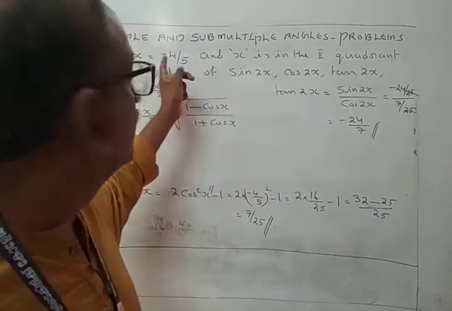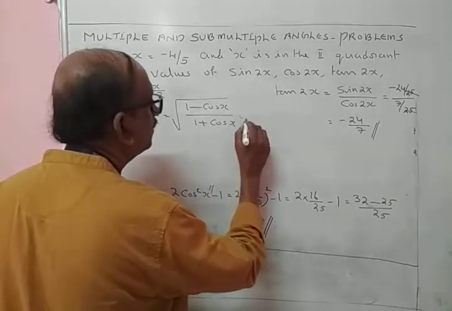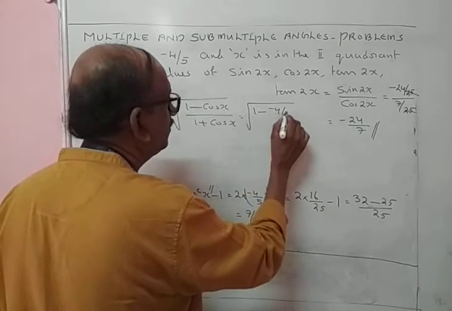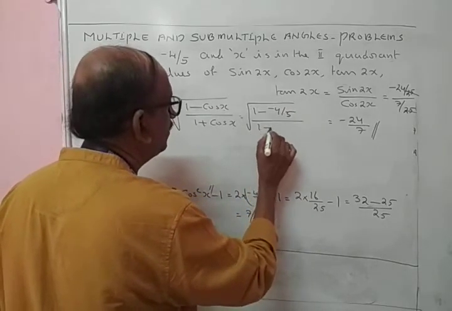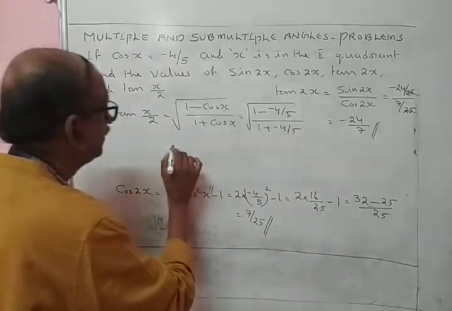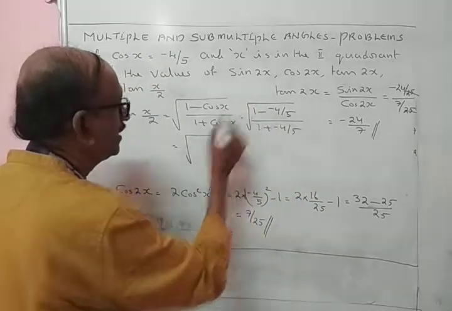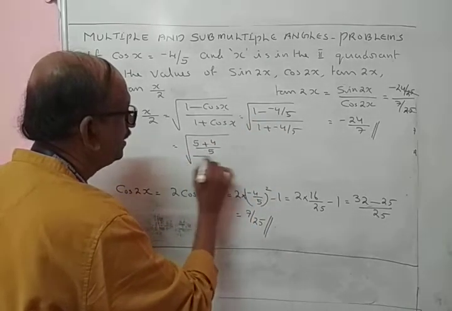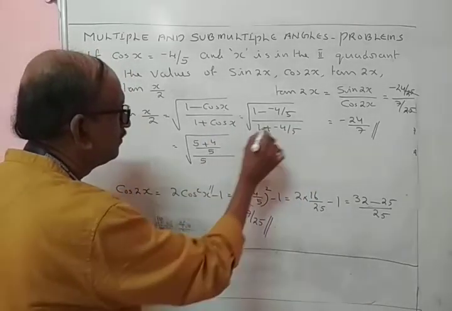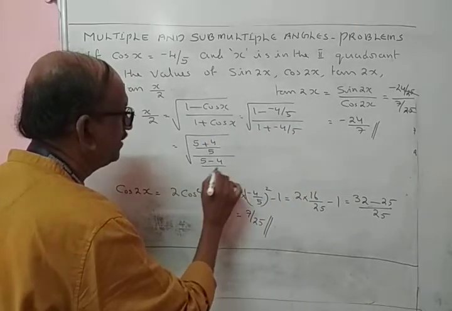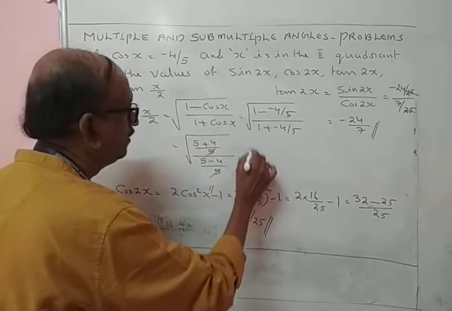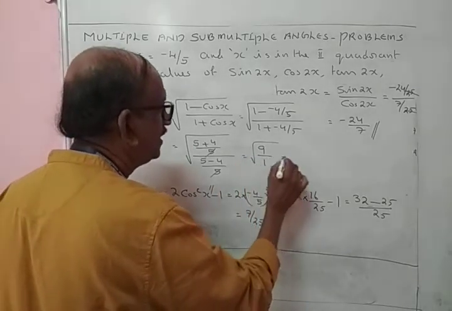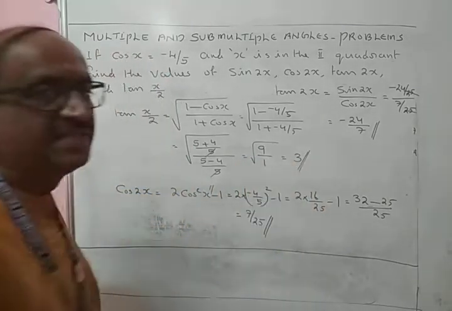Then substitute the value of cos x. 1 minus cos x, that is 1 plus 4 by 5, divided by 1 plus minus 4 by 5. Root of cross multiplication, 5 plus 4 by 5 divided by cross multiplication, 5 minus 4 by 5. 5 got cancelled. Root of 5 plus 4 is 9, 9 by 1, is equal to 3. Is tan x by 2.